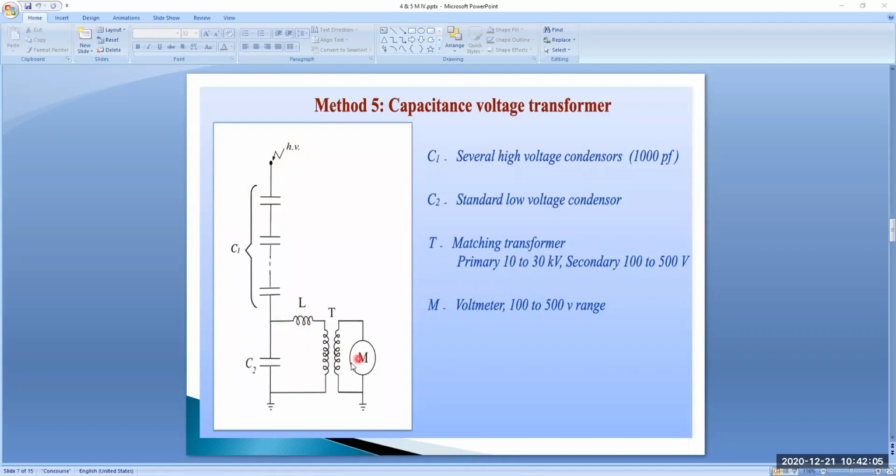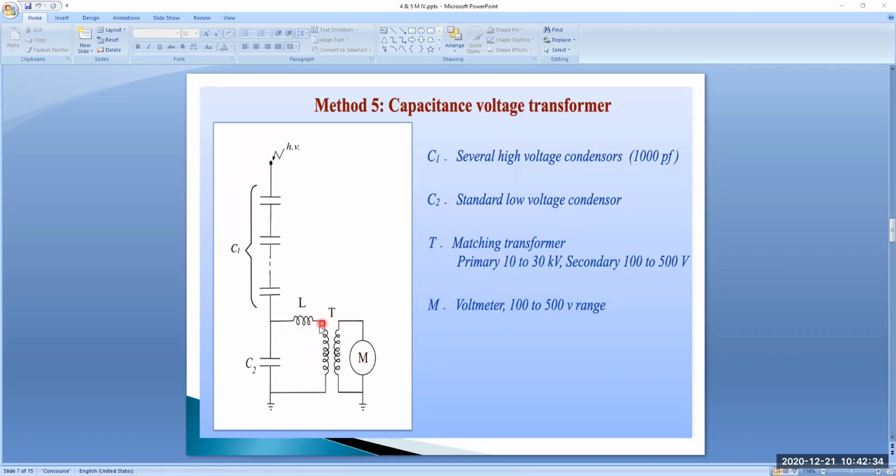One of the main concepts in this capacitance voltage transformer is to maintain resonance by adjusting the choke coil inductance L, together with the transformer inductance. We have to maintain the transformer in resonance condition.